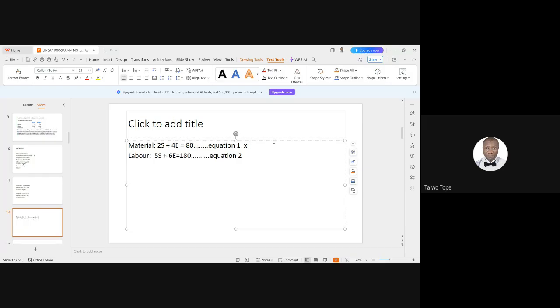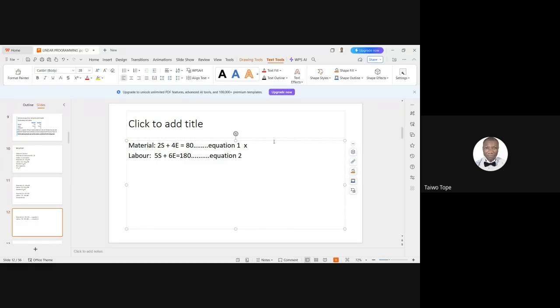You can also multiply equation 1 by 5, and equation 2 by 2, to make the value of s equal. So you can eliminate them, and you will be left with e. Then you look for the value of e.